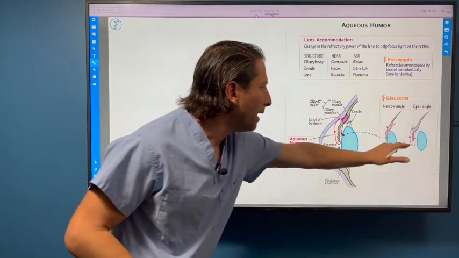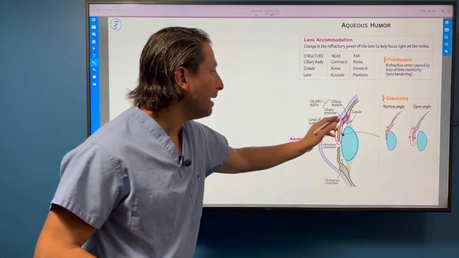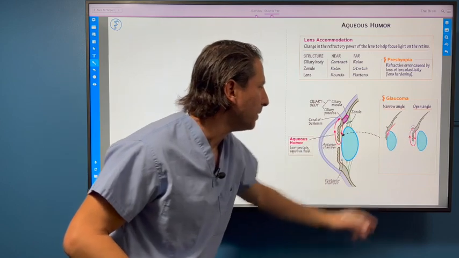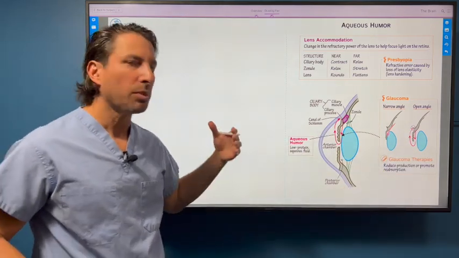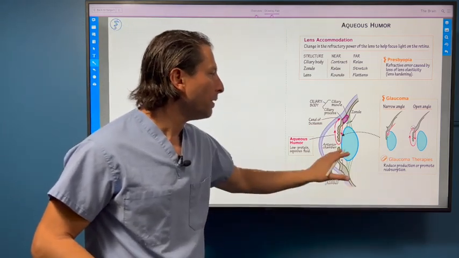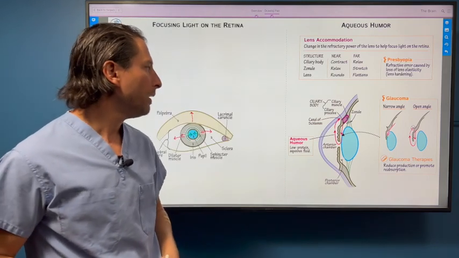And then there's open angle, which is an overproduction here, or an inability of the fluid to be reabsorbed at the canal of Schlemm here. And glaucoma therapies either work to reduce production of aqueous humor or promote reabsorption. In both instances, the point is to get the intraocular pressure down.